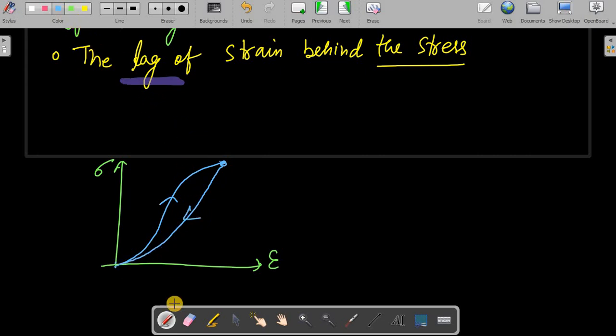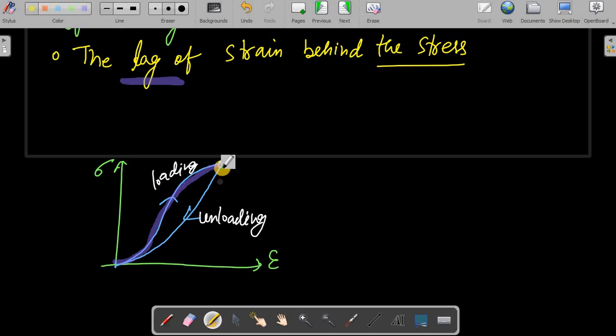Right? Now you see here, while you are loading this part of the graph is during loading, and this is unloading. You are removing the stress, or stress is decreasing. So while you were increasing the stress, this graph was going like this way.